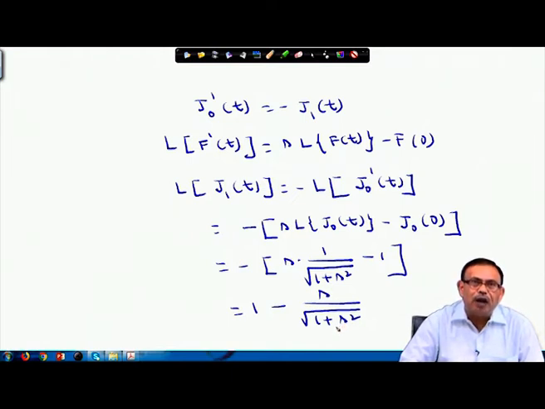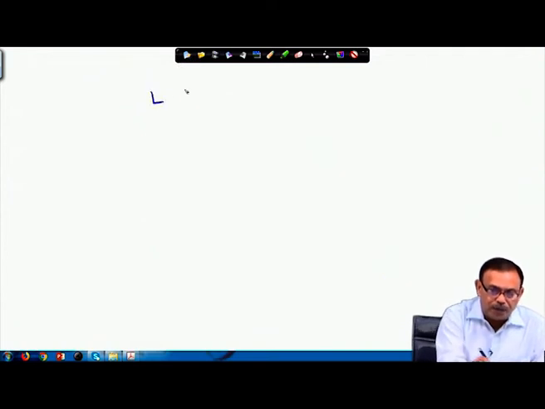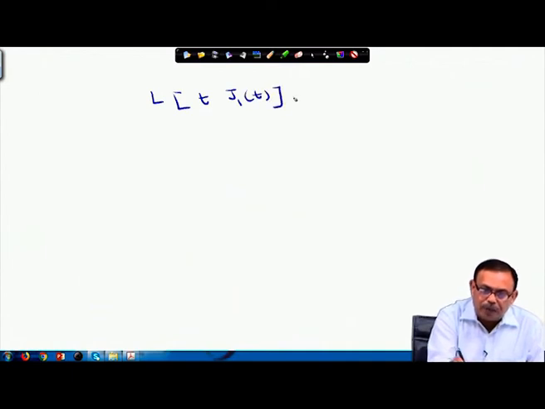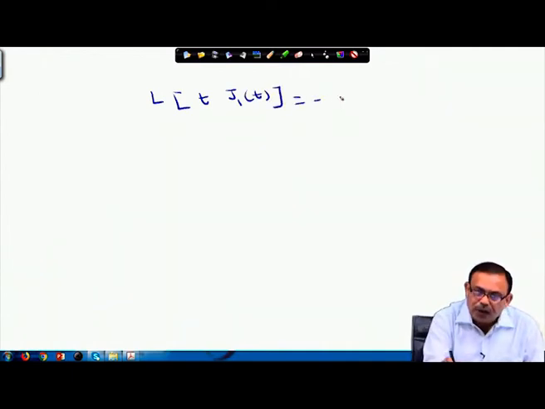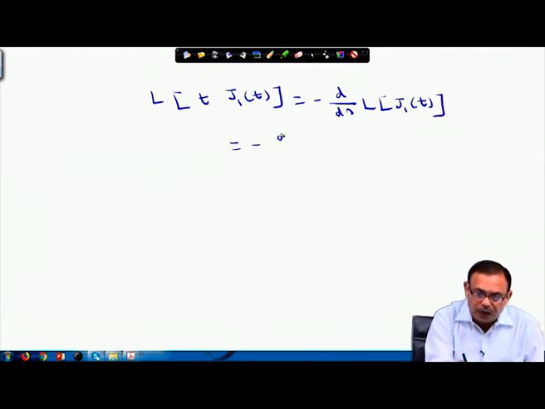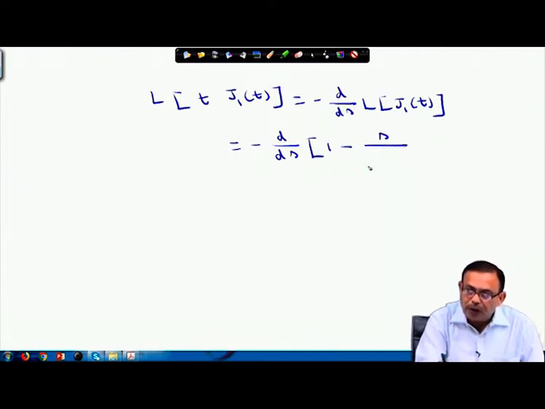Next, we have to find out the Laplace transform of t J1(t). So, again using the property of the Laplace transform, it is minus d/ds of the Laplace transform of J1(t), and already we evaluated the Laplace transform of J1(t). So, minus d/ds of 1 minus s by root over 1 plus s square.